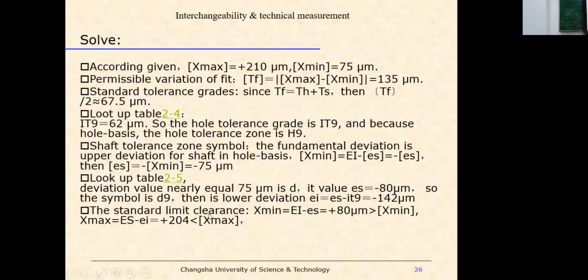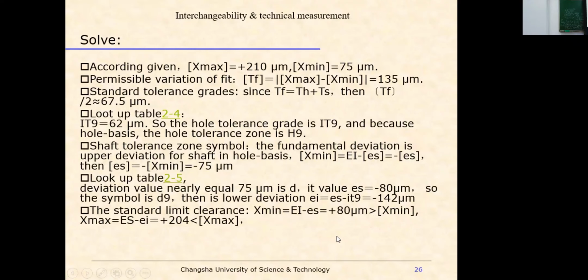And we check the minimal and maximum. The standard limit clearance, the minimum is EI minus ES, which is plus 80. So it's larger than the minimum, so it's okay, right? It satisfies the requirement. The maximum is ES minus EI equals 204, which is smaller than 210, so it meets the requirement, right?